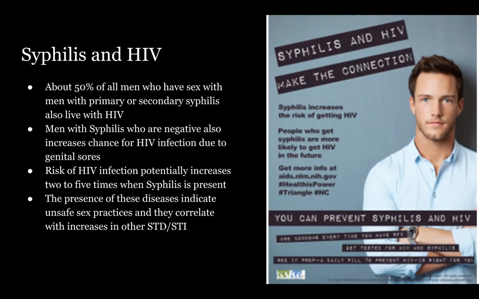There is an estimated 2 to 5 times increased risk of acquiring HIV if exposed to the infection when syphilis is present. Furthermore, syphilis and certain other STDs might be indicators of ongoing behaviors and unsafe sex exposures that place a person at greater risk for acquiring HIV. The presence of either of these diseases correlates with increases in other STD, STI infections.